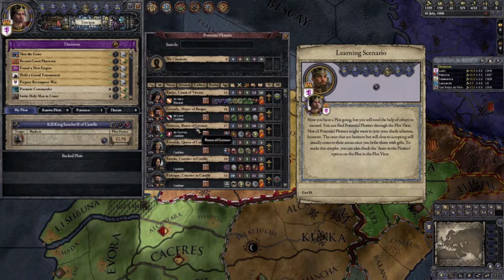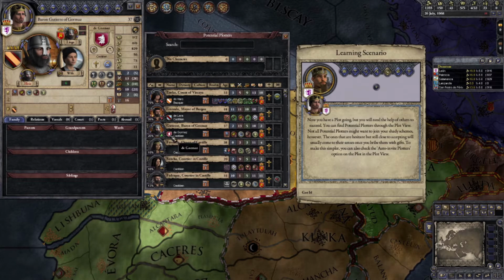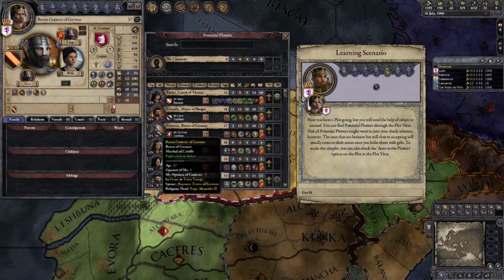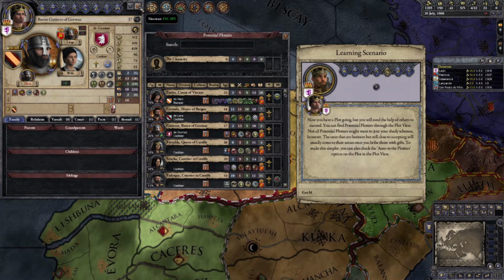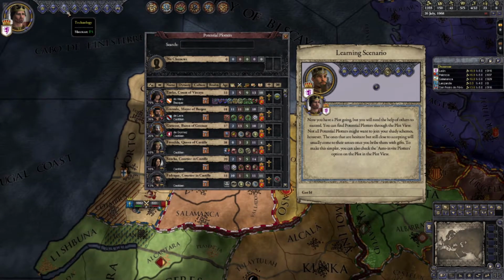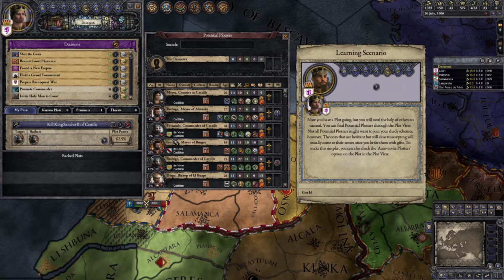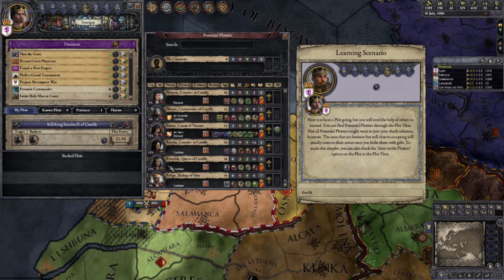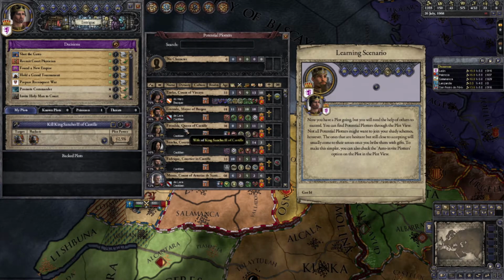Alright, so the Baron of Gormaz would be willing to join the plot. So he might join. We have some people on the fence.